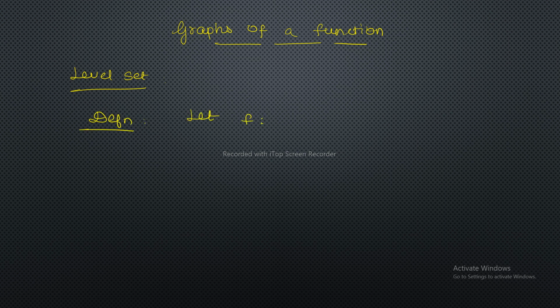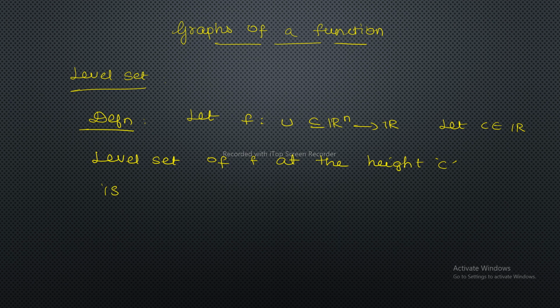Let a function f from U, a subset of R^n, to R, and let C belong to R. The level set of f at the height C is f inverse of C, where you collect the inverse image of the point.